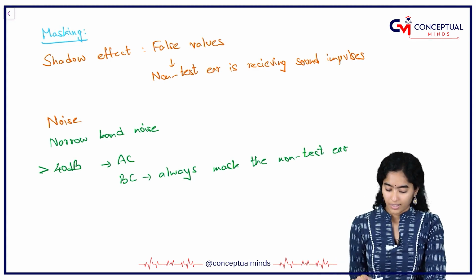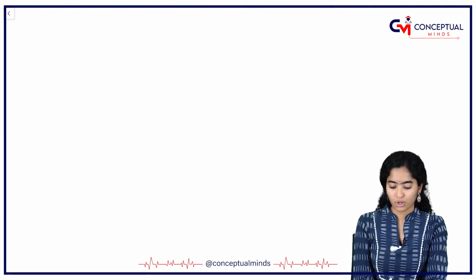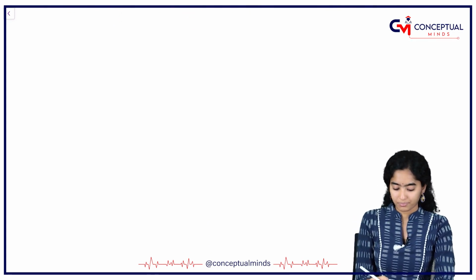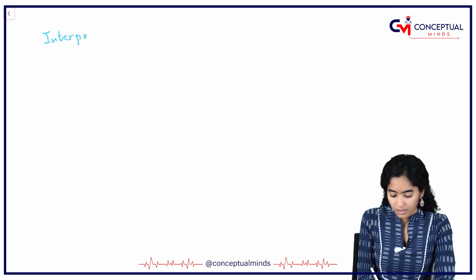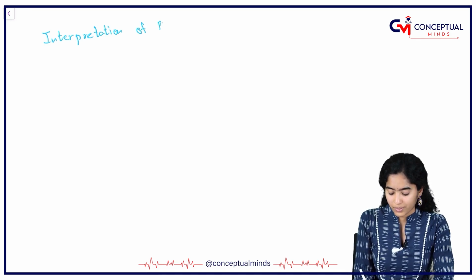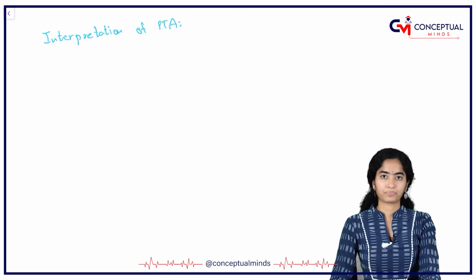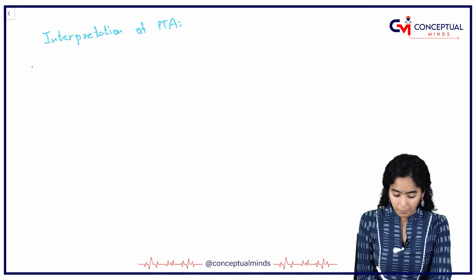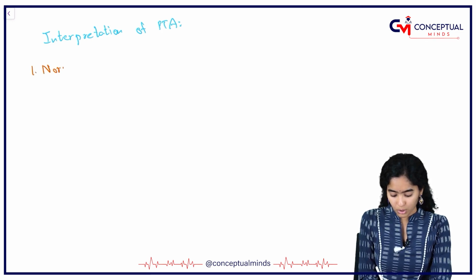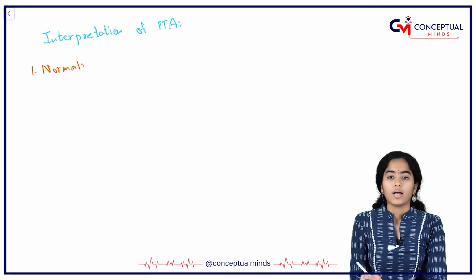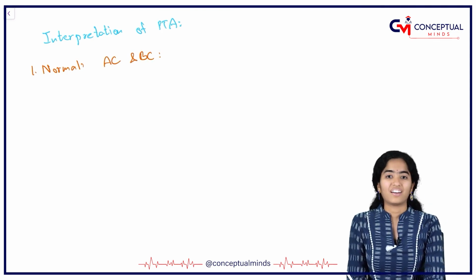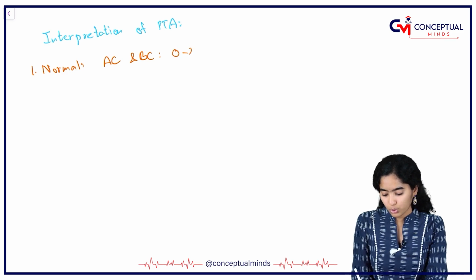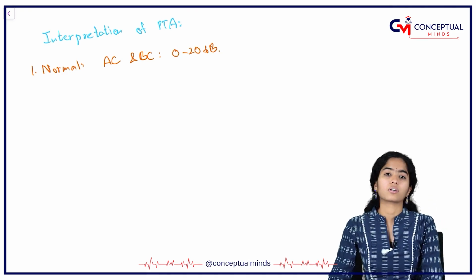Okay. Now let us see the interpretation of pure tone audiometry results. In a normal person, a person with normal hearing, both air conduction and bone conduction are within the range of 0 to 20 decibels.